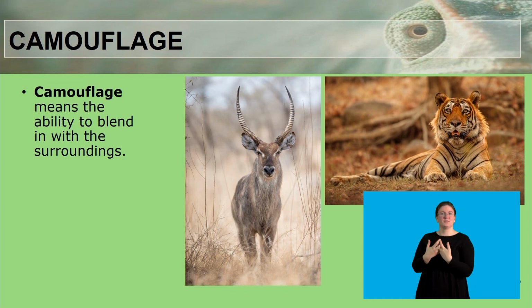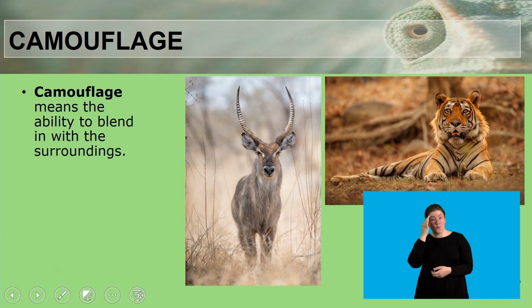And if you look at the tiger, you should know that a tiger has stripes. It is said that when a tiger is in the wild, the stripes of the tiger will blend in with the grass. So that is how camouflage happens with these two animals.